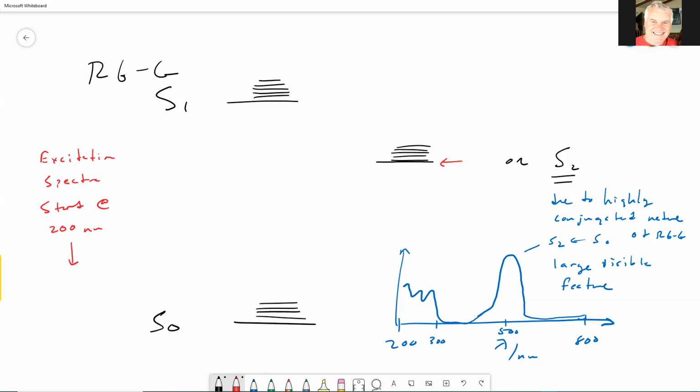And then we'll scan this guy out to say maybe 490. There's a good reason to stop there. So what's going to happen is we're going to start our excitation spectrum with light having an energy way up here. And then we're gonna slowly make that light less and less energetic, right?